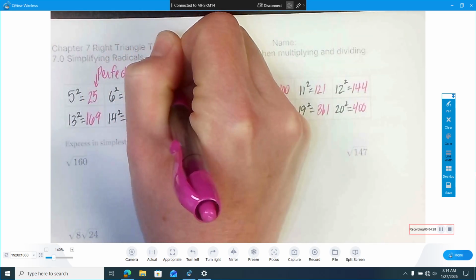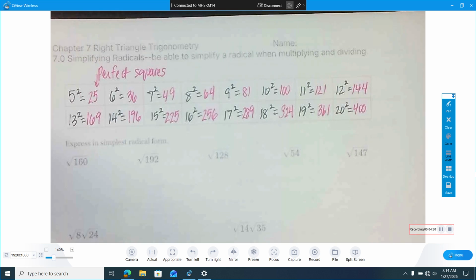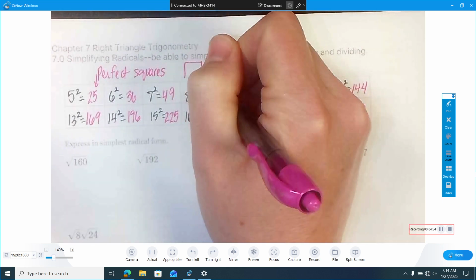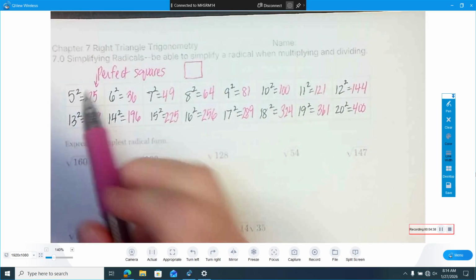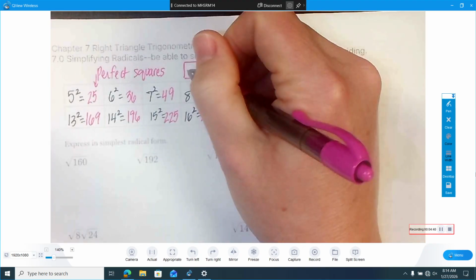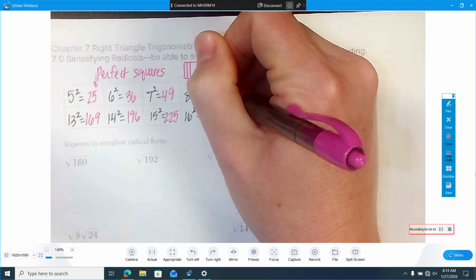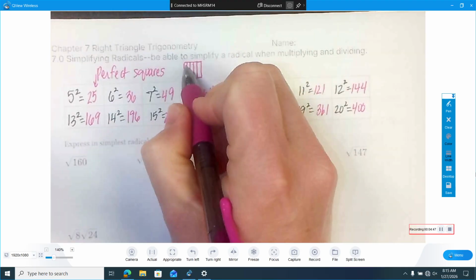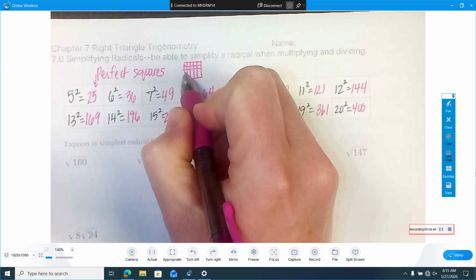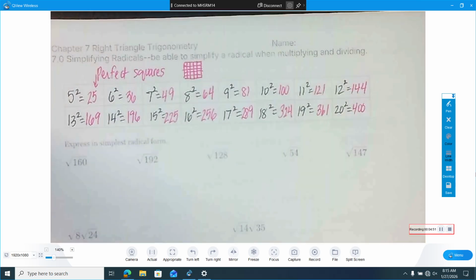And the reason they're called perfect square numbers is because I could imagine making a shape of a square, and inside of it, if I was thinking about 25, I could arrange the little unit cubes, 1, 2, 3, 4, 5, 1, 2, 3, 4, 5. So perfectly, 25 little unit cubes will arrange themselves perfectly into a square.